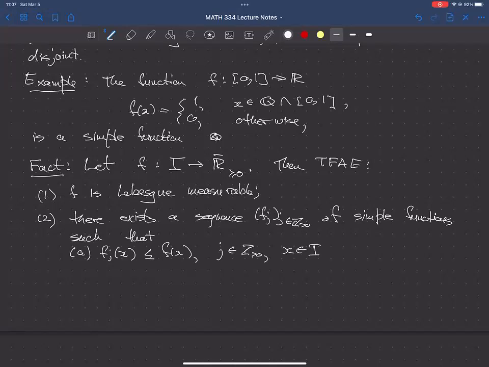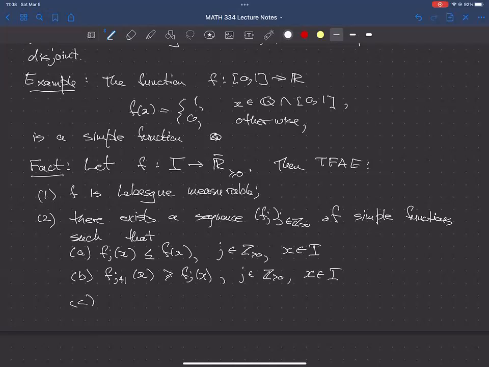So the graphs of these reside below the graph of f. Second, f_{j+1} of x is greater than or equal to fj of x, so for each fixed x, this is an increasing sequence.